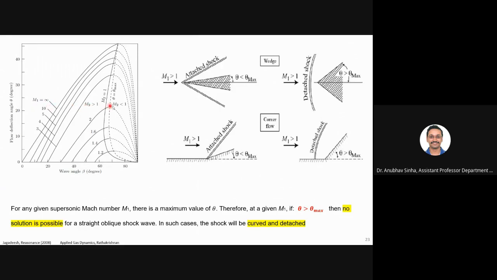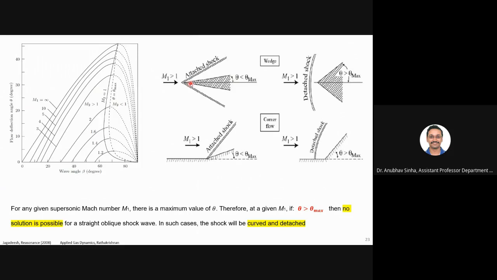If for Mach number 2 you make this angle more than this, then there is no solution possible for oblique shock, where your shock forms a straight line. Then it becomes detached. You cannot have a straight oblique shock, so it becomes curved and detached if your theta is more than theta max.